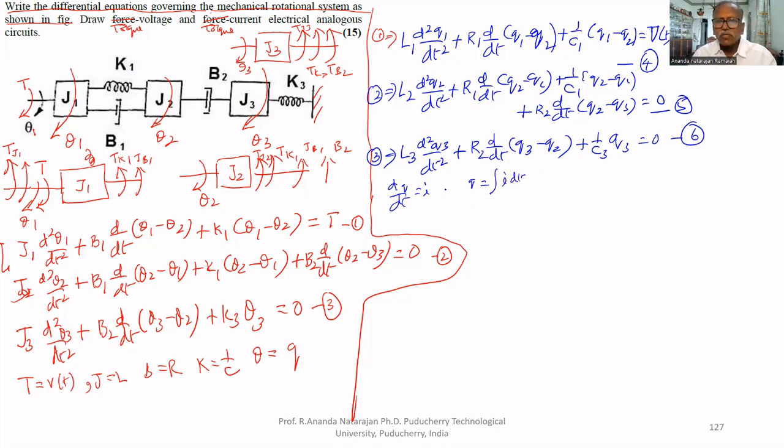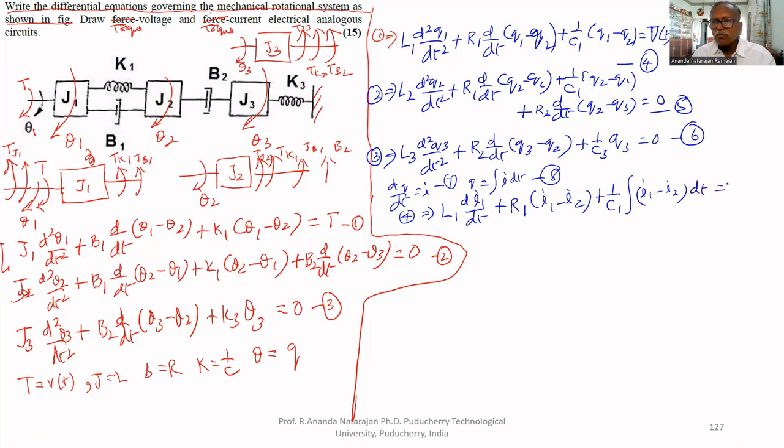If you substitute these two, the seventh and eighth, in the fourth equation, it becomes L1 di1 by dt plus R1 times i1 minus i2, because dq is i, plus 1 by C1 integral of i1 minus i2 dt equal to V of t.